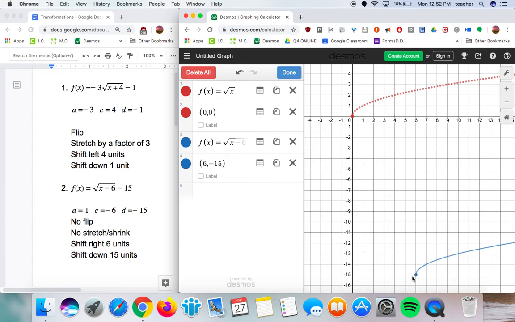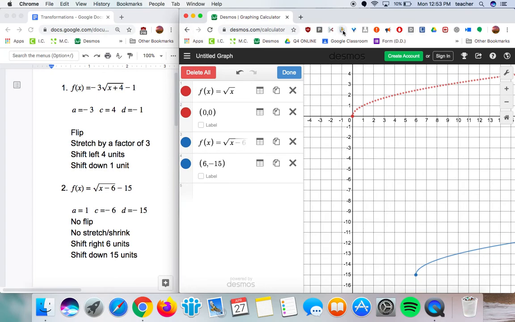It's still pointing up. We have no stretch or shrink. It's still the same, not taller or smaller. And we went to the right 6 and we went down 15. So that's how all of these work together. And then the vertex is just helpful because you can see it a little bit better. We went from (0, 0) and then we went to (6, -15). So you can see that shift to the right 6 and down 15 really easily.